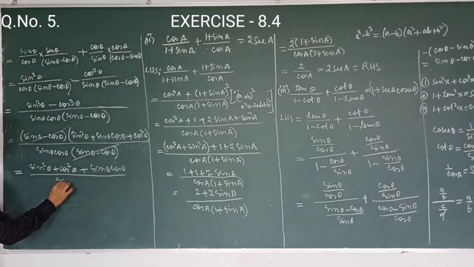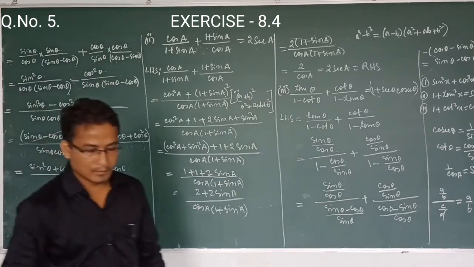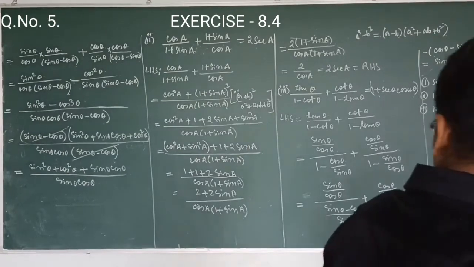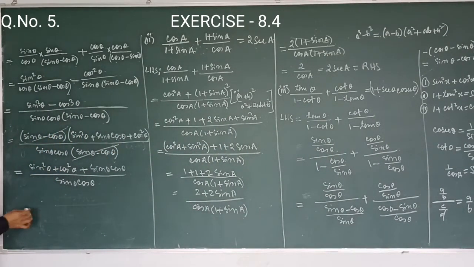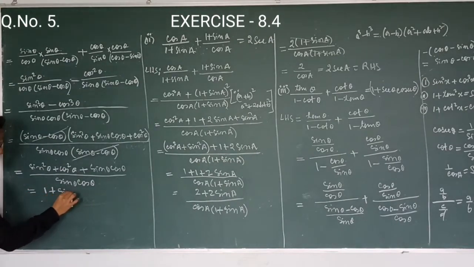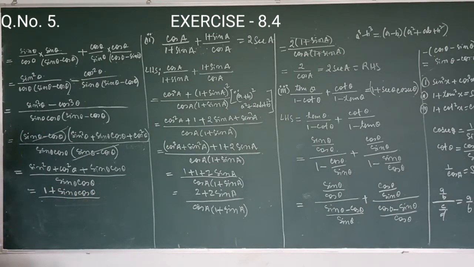sin theta cos theta. Now this is sin square theta plus cos square theta equal to 1. So 1 plus sin theta cos theta divided by sin theta cos theta.